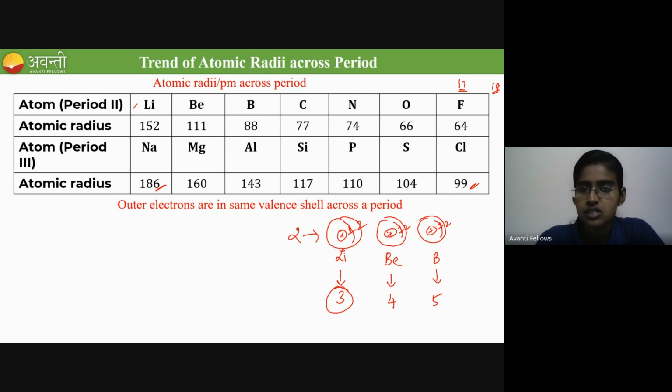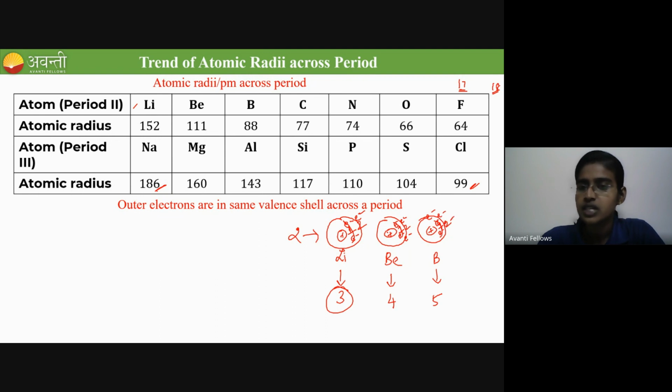The first 2 electrons go to the first shell and the third electron goes to the second shell. In beryllium, the first 2 go to the first shell and the remaining 2 enter the second shell. In boron, 2 in shell number 1 and 3 in shell number 2.